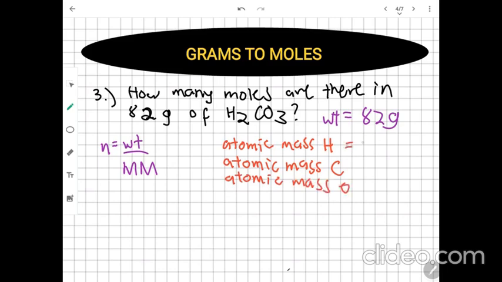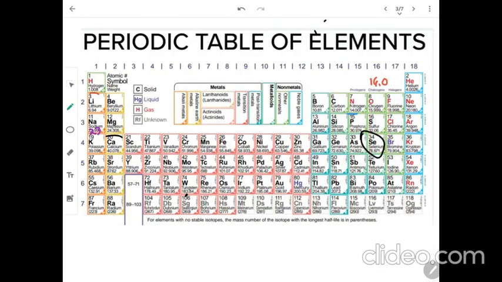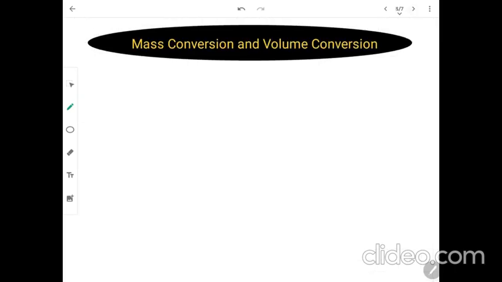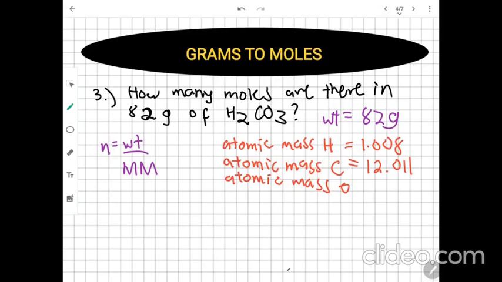For the hydrogen, the value is 1.008. And for carbon, here we have 12.011. Okay, so let's check first kung tama nga bang pagkakatanda ko sa kanila. Let's have here for carbon. Yeah, that's right. Okay, balik muna tayo. And here, for oxygen, we have 16.